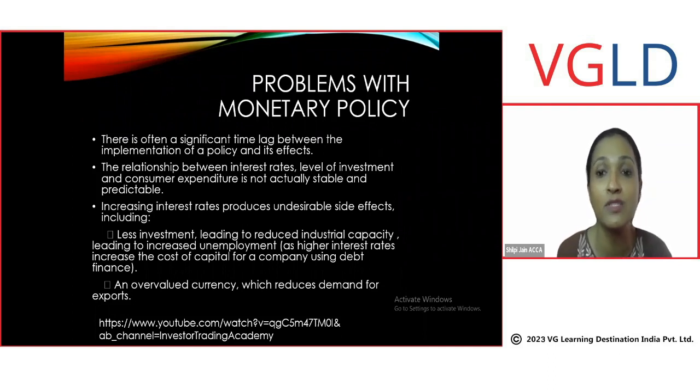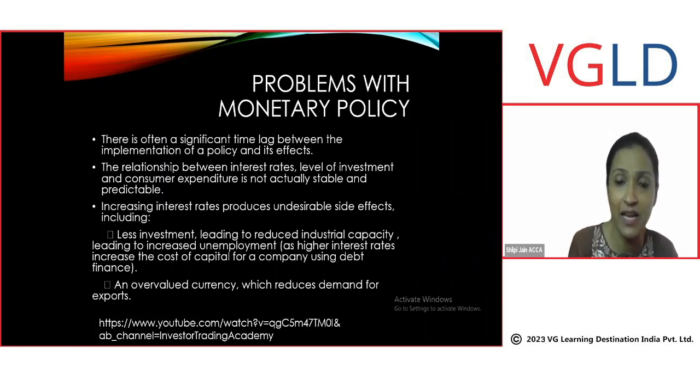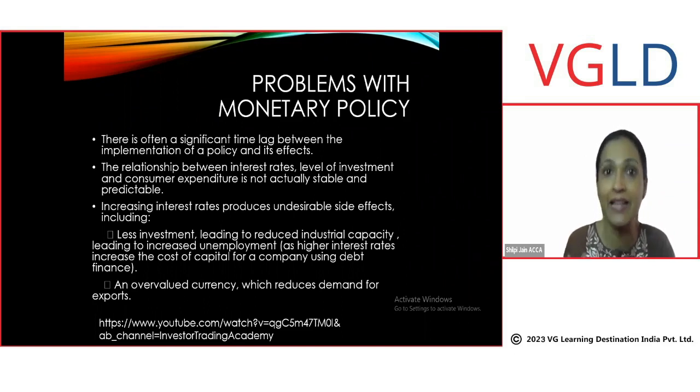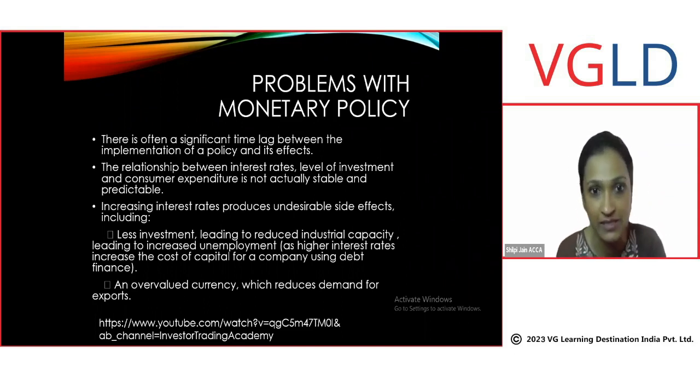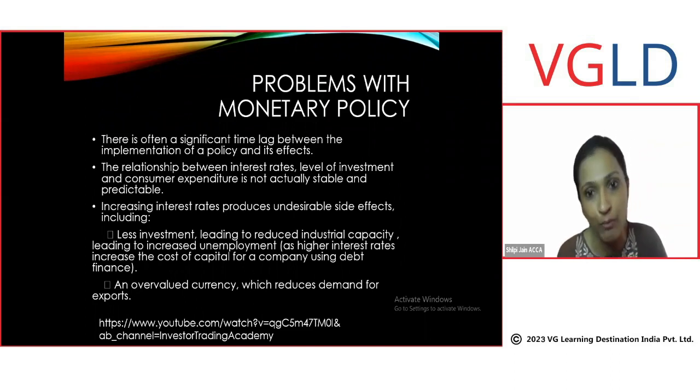Increasing interest rate produces undesirable side effects. Why? Because it leads to people not wanting to spend. When people don't want to spend, it leads to a decline in the sales of industries and businesses, right? And ultimately, what will businesses do? They will probably fire people. So it is going to lead to increased unemployment as well.